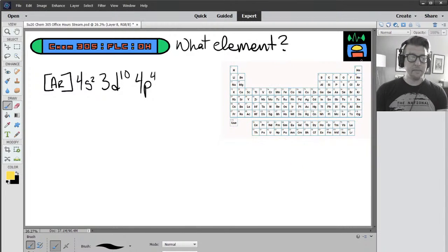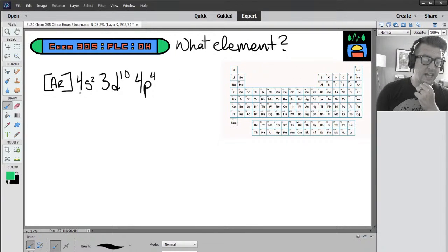Now, the other thing we need to know is what these energy levels represent. When we're told that we have a 4s orbital, that means we are on the 1, 2, 3, 4th period of the periodic table.